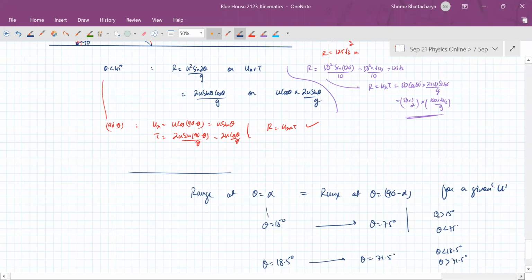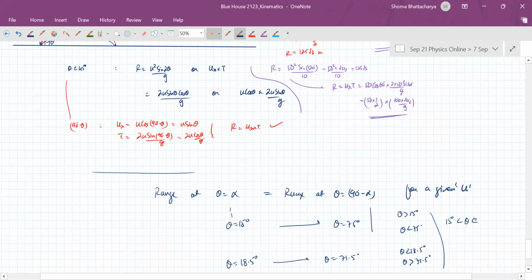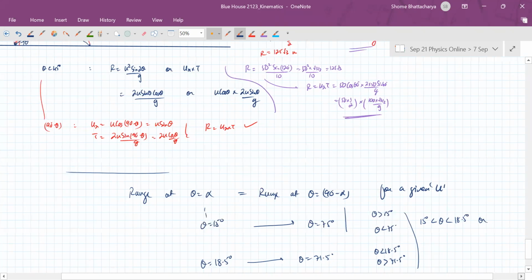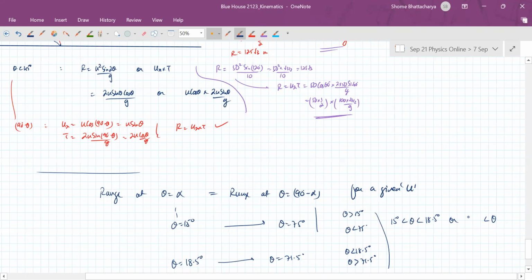So if you combine these two statements, you can see that overall theta should be between 15 and 18.5, or for the higher values, it should be between 71.5 to 75 degrees. I'll explain this with a diagram also, but try to understand this from the formulae above.